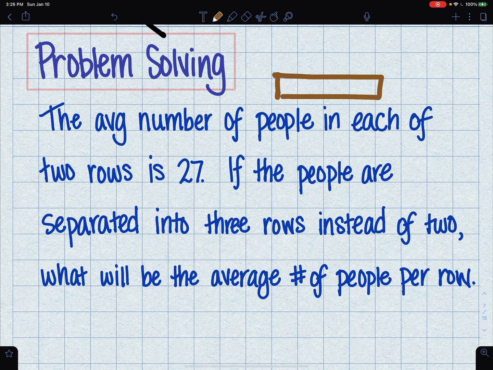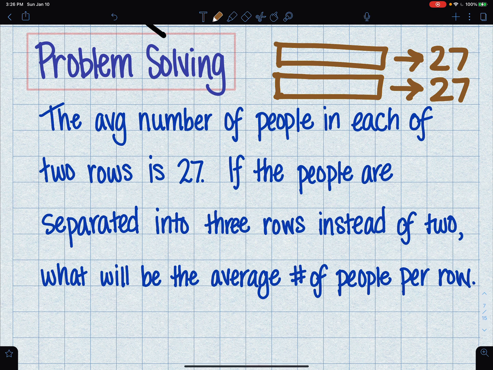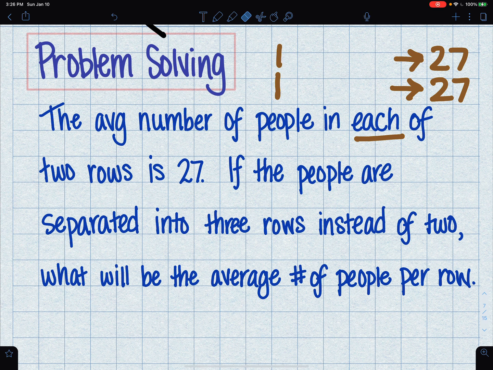Like if this is 1 row and this is 1 row, the average here is 27 and the average here is 27. Now, what if you take all of these people and instead of 2 rows, you have to put them in 3 rows.